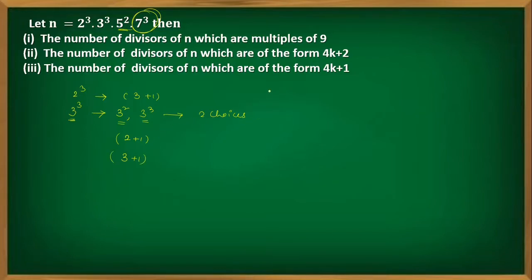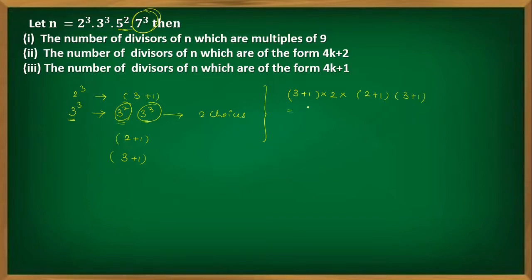Therefore the total number of divisors of n which are multiples of 9 will be: for 2 we have 3 plus 1 choices. For the prime 3 we have only 2 choices, because we want at least 3 square, two 3's, so 3 square or 3 cube can be considered. So we have 2 ways, into, for 5 square, 2 plus 1 choices, and for 7 cube, 3 plus 1 choices.